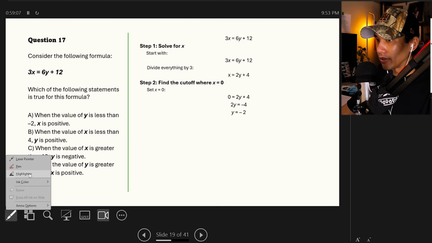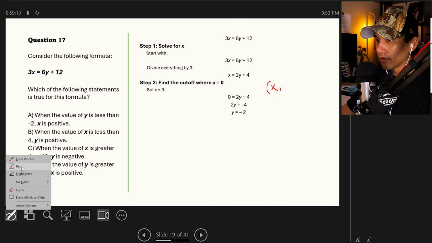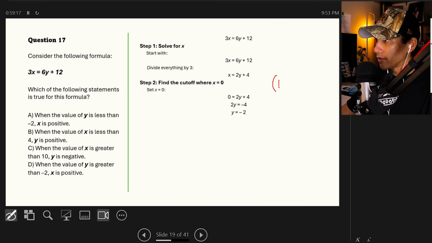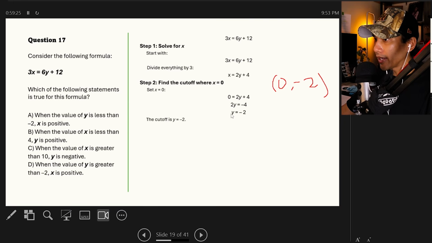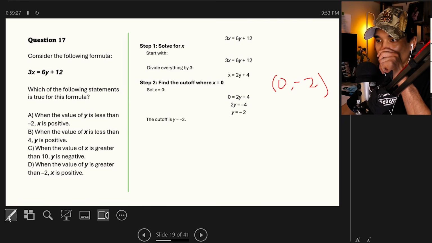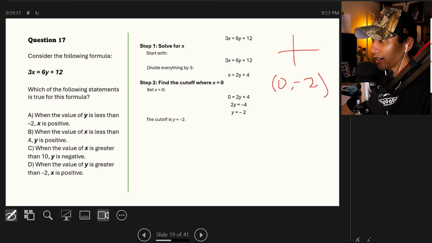So we have this coordinate, 0, -2. The cutoff is y equals -2. And remember in my graph, we had that. The cutoff was -2, but I don't understand what that means.